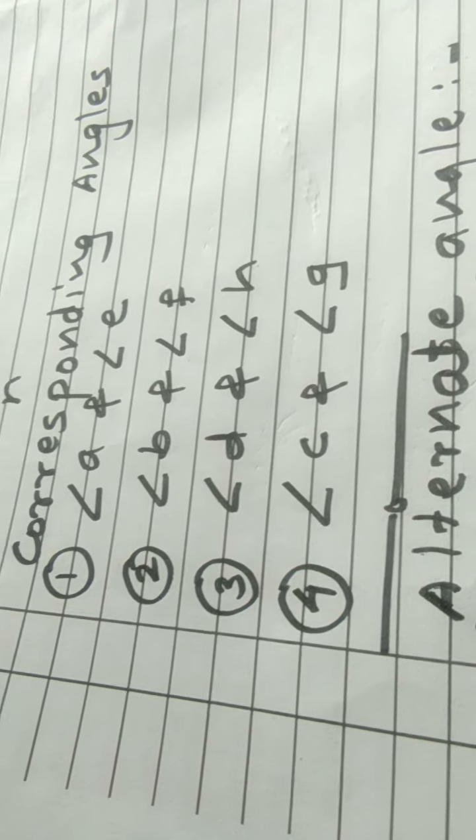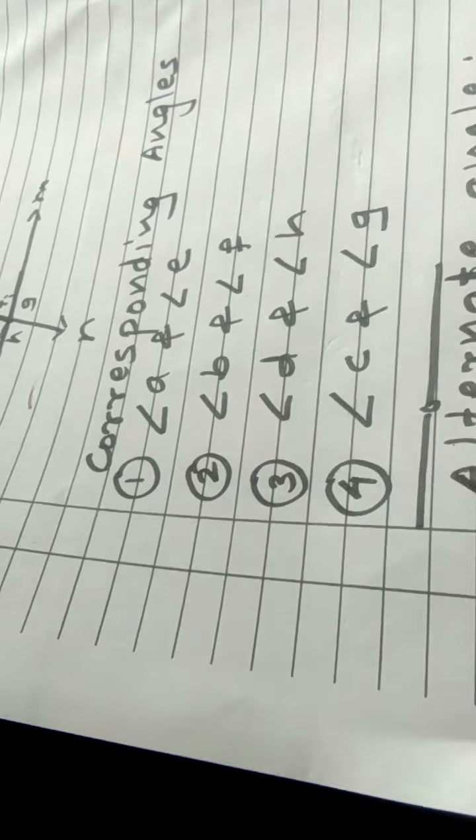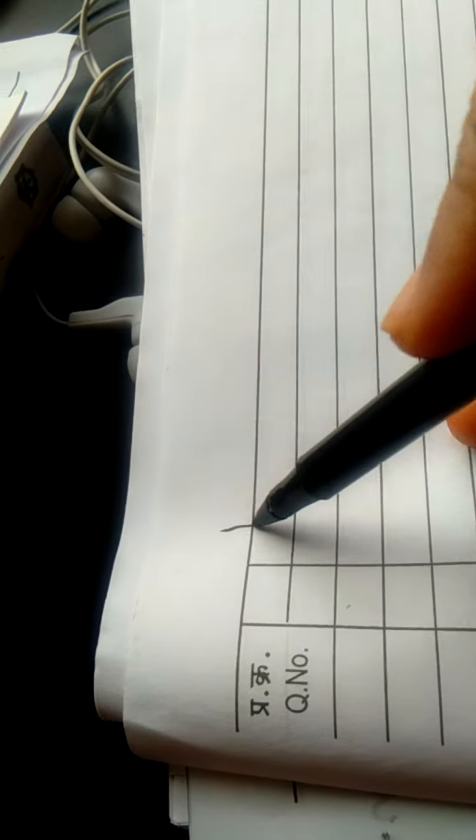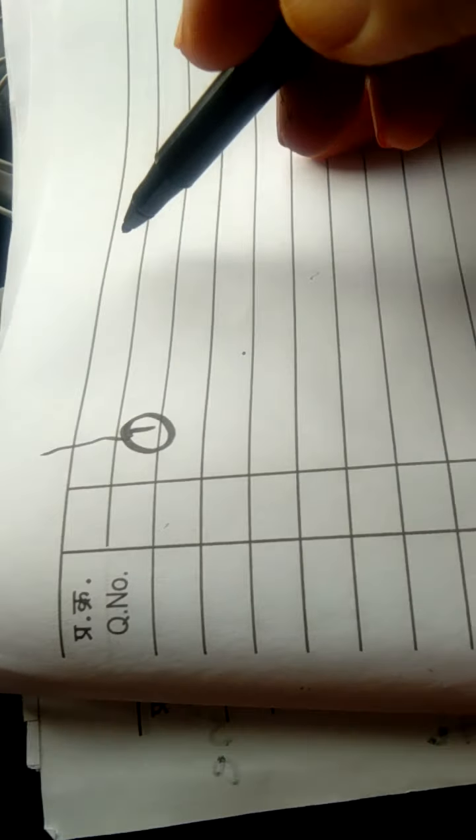See what are some important points about corresponding angles. If two lines are parallel and a transversal is there, then corresponding angles are congruent. What is the first result?